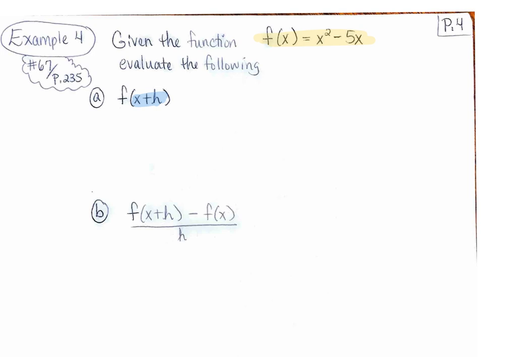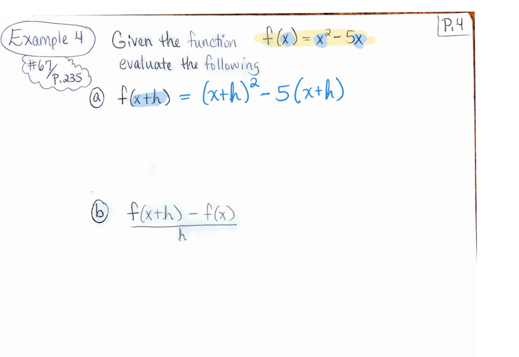What other questions do you have? Okay, so we are now going to take the x plus h and substitute it in here to find f of x plus h. So we get, this is equal to the quantity x plus h squared minus 5 times what? X plus h. Good.